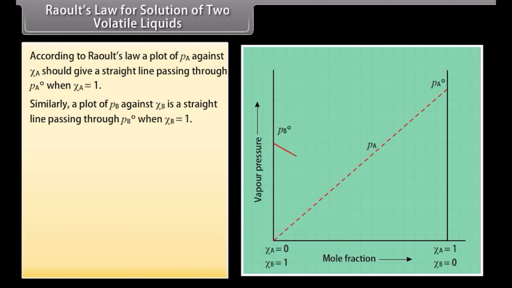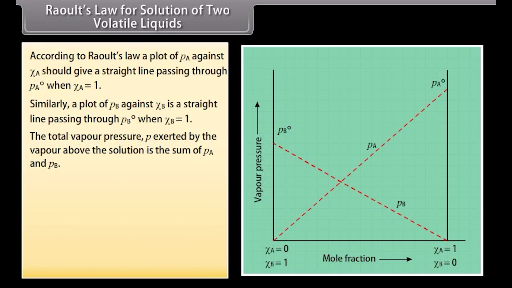Similarly, a plot of PB against XB is a straight line passing through PB° when XB is equal to 1. The total vapor pressure, P, exerted by the vapor above the solution is the sum of PA and PB.